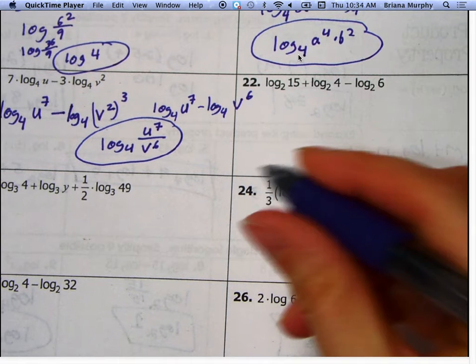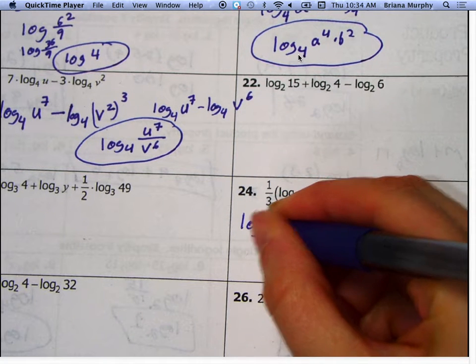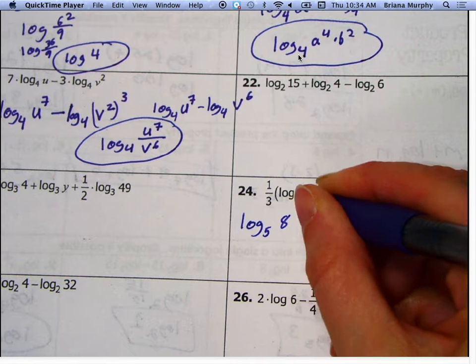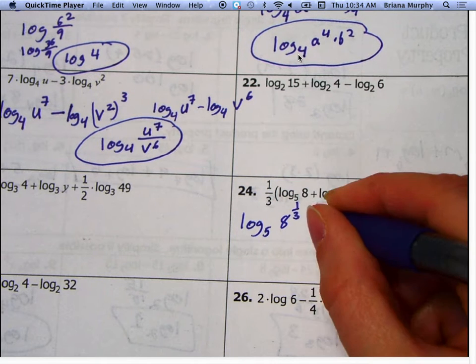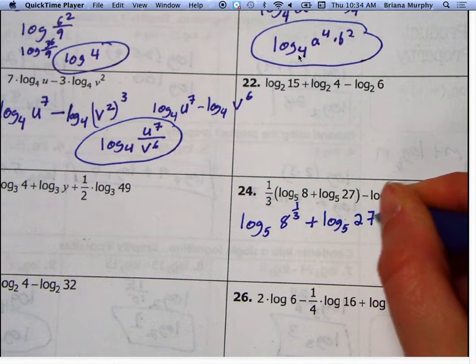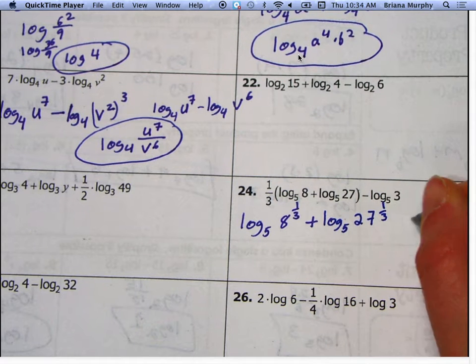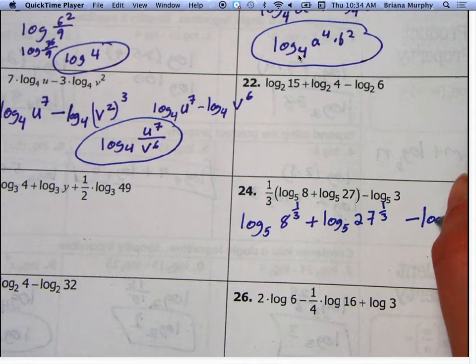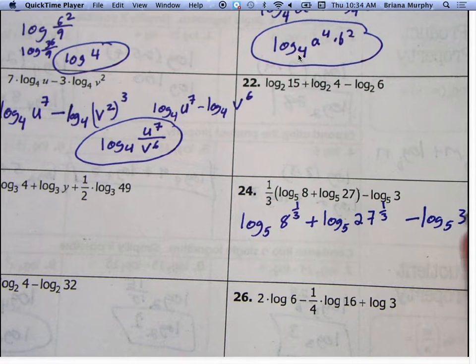So we're going to get log base 5, 8 to the 1/3, plus log base 5, 27 to the 1/3. And then we're going to just add on to the end, minus log base 5 of 3.